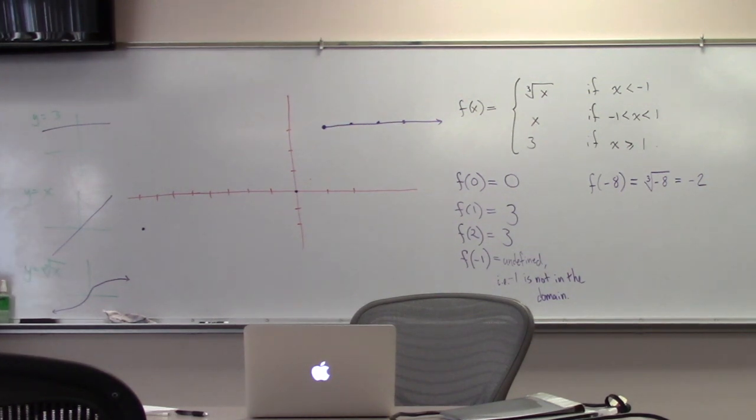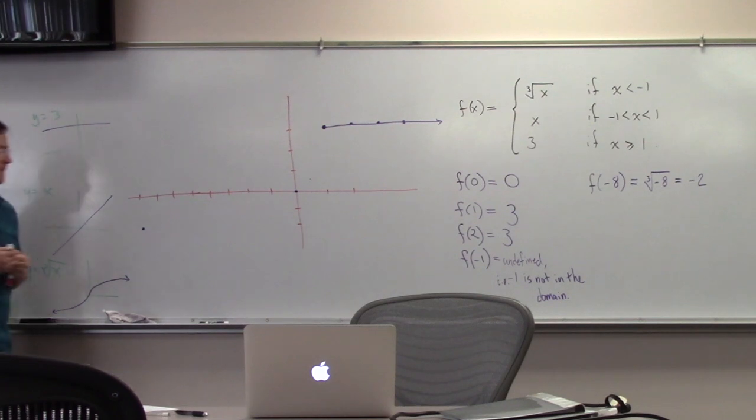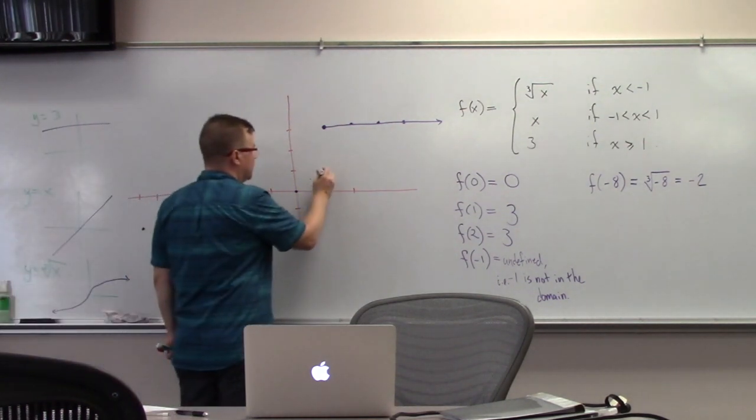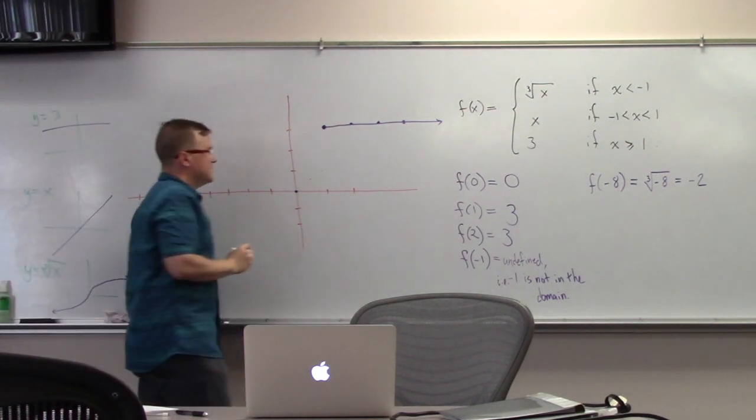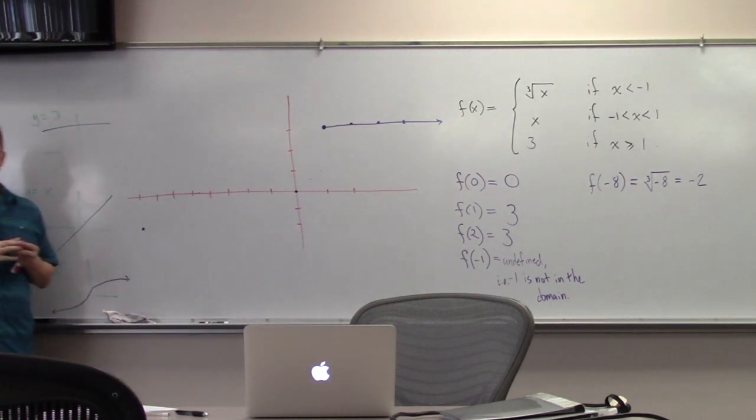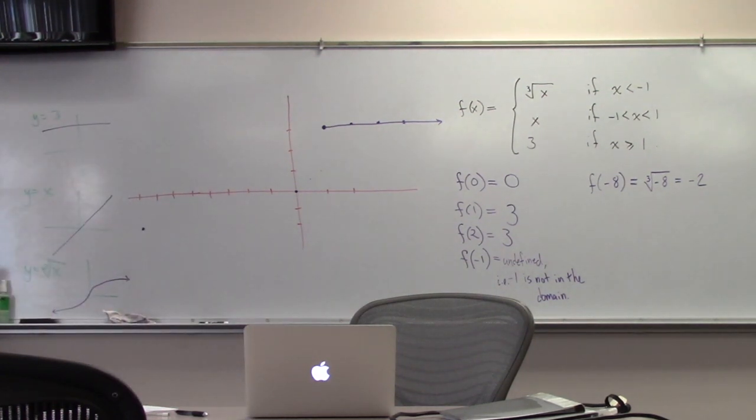What's f of 0.9? 0.9. What's f of 0.99? Or f of 0.999?